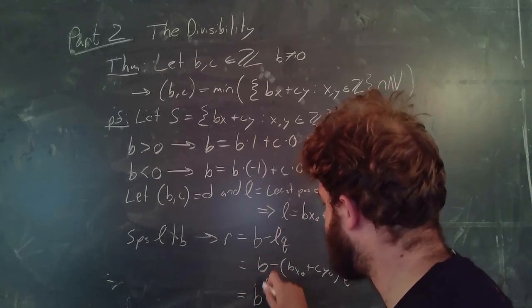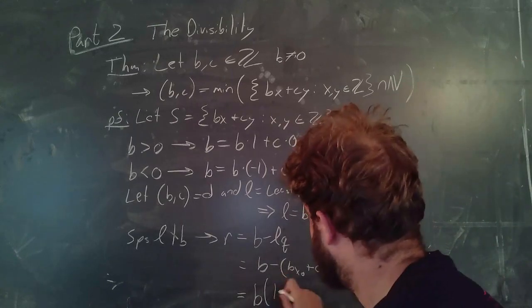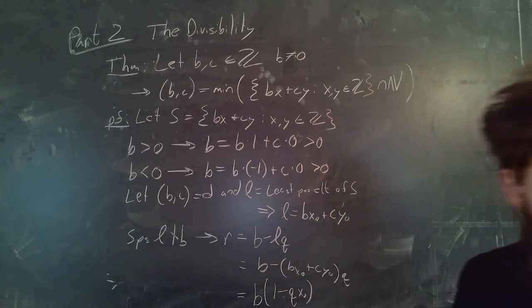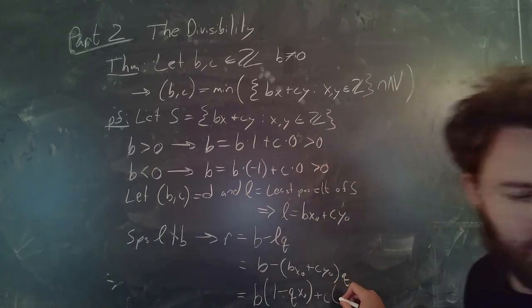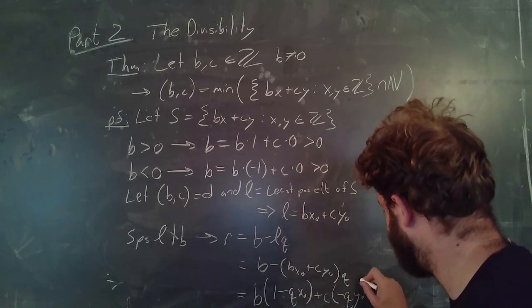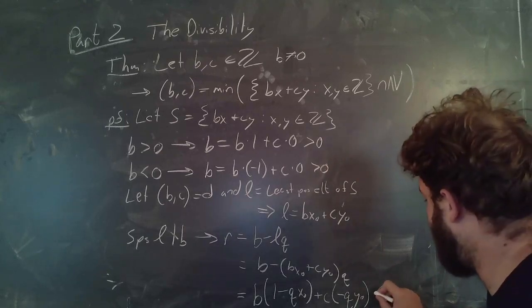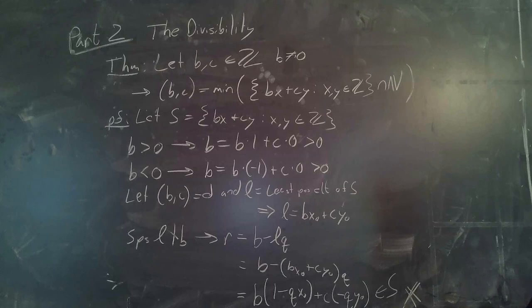We'll have b times (1 minus qx0), and then we will have plus c times negative qy0, like so. But this is also an element of S, which is a contradiction to the minimality of L.